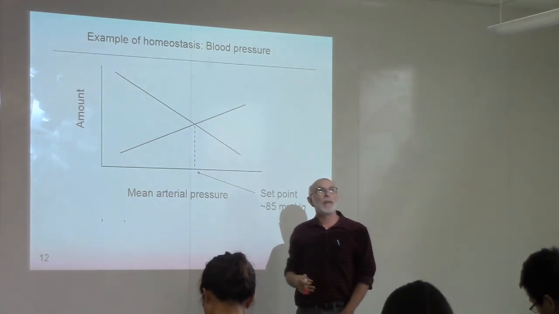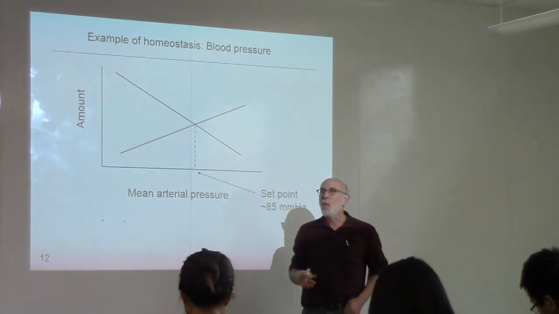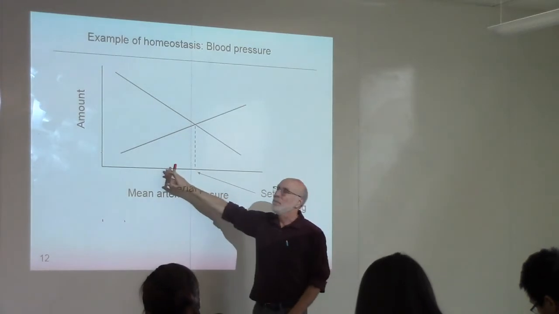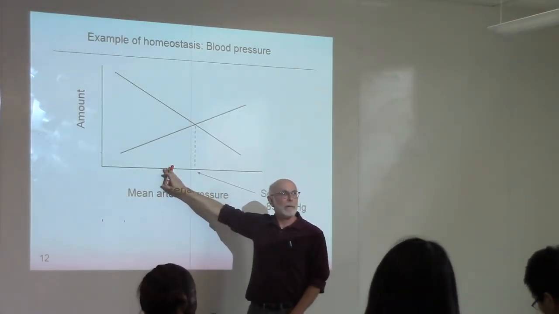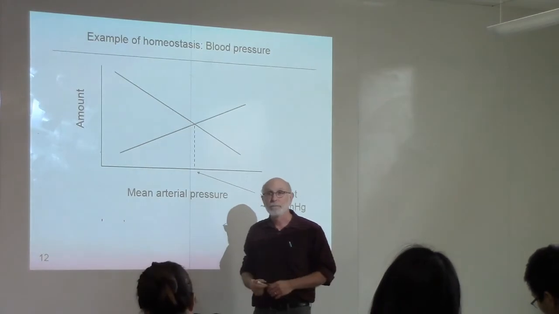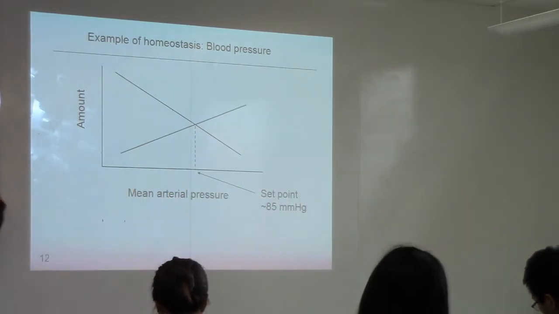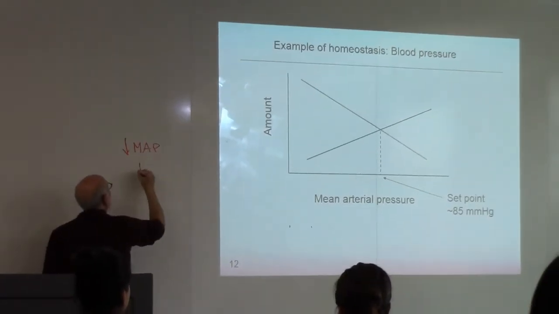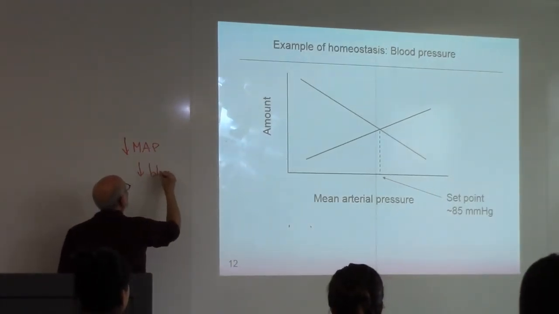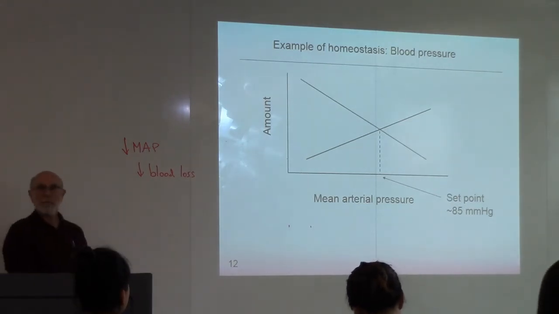What are some of the reasons why the arterial blood pressure, measured in the brachial artery, would go down? Loss of blood, blood volume decrease. So decrease in mean arterial pressure could be caused by blood loss, hemorrhage.